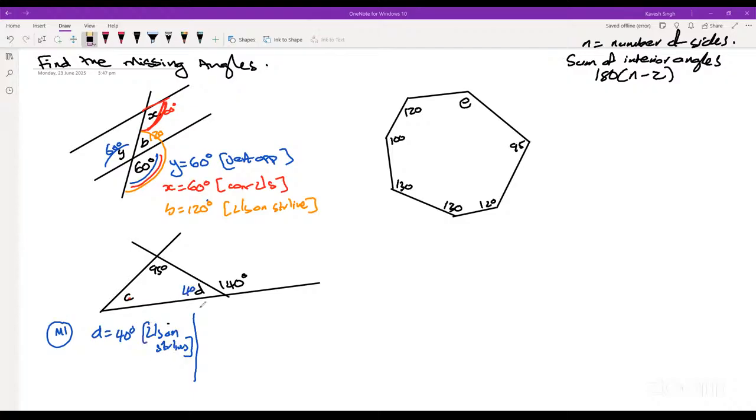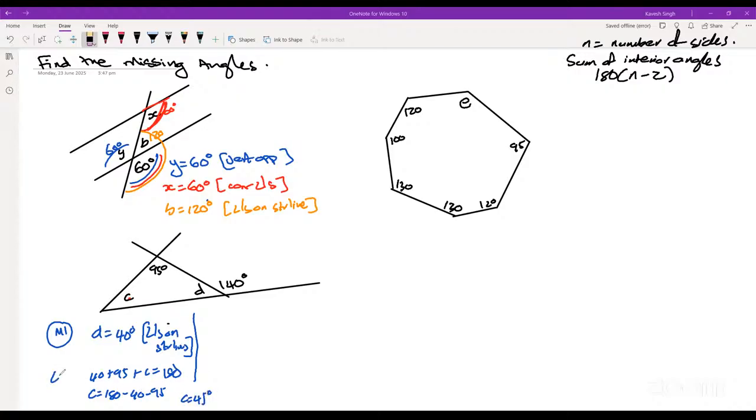If this is 40, then those three angles add up to 180. So 40 plus 95 plus c equals 180. And so c equals 180 minus 40 minus 95. I'll get 140 minus 95, and using a calculator that will come to 45 degrees. And so c equals 45 degrees.